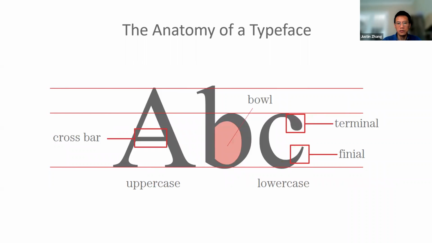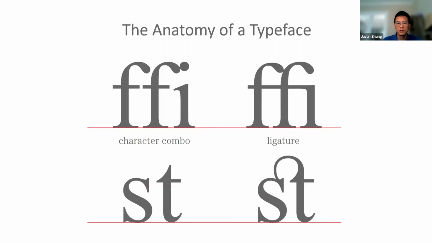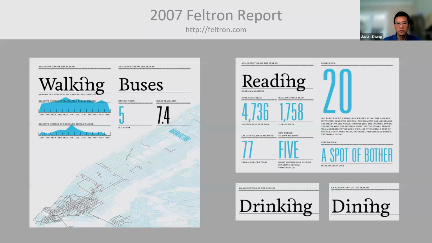Furthermore, you see the meanings of these different components like crossbar, terminal, etc. Again, these are the different meanings for character combo, ligature. So you see here on this report, the use of different types of typography to improve the beauty of the report.